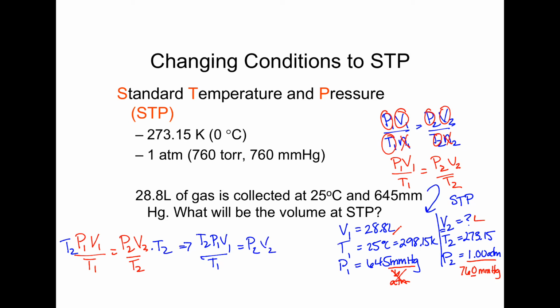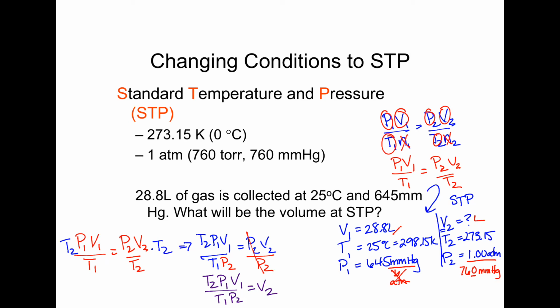Now I need to get rid of the P2, so I'm going to divide by P2 on each side. Those cancel out, and what I'm left with is V2 equals T2 P1 V1 over T1 P2. Lots of variables. Okay, so that's going to be my equation.